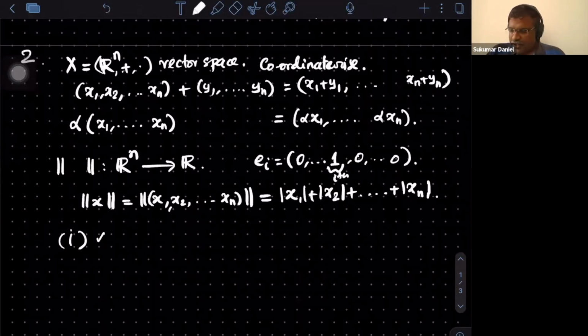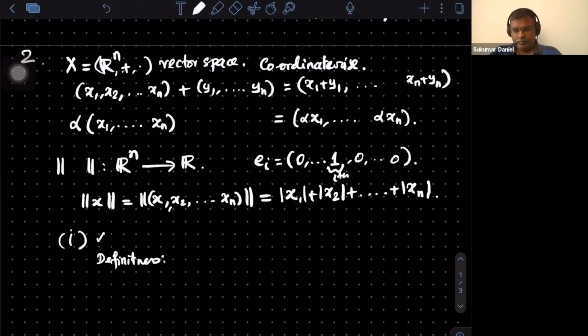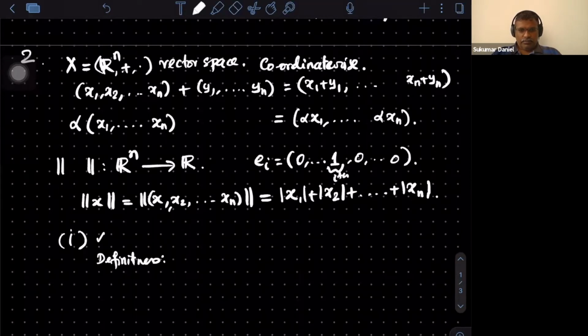What about definiteness? One part is clear. What is the 0 here? It's all coordinates are 0. That is the 0. In terms of vector space language, it is the additive identity. So if all coordinates are 0, look at the definition, it says the norm is 0.